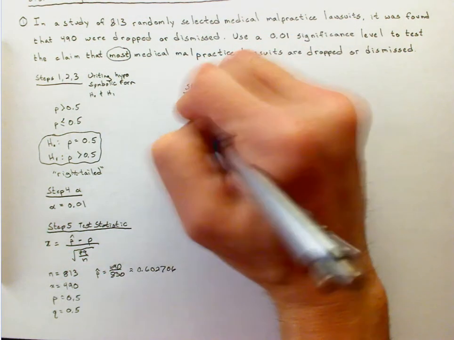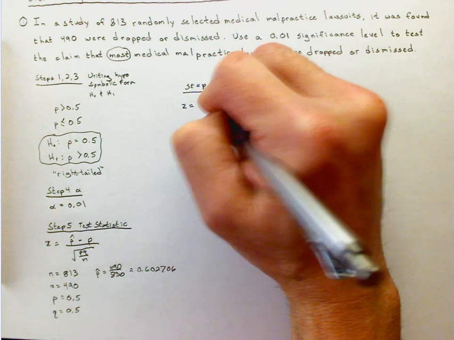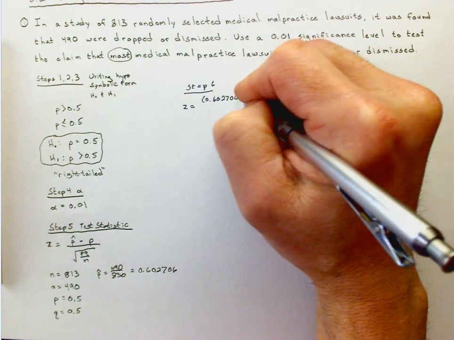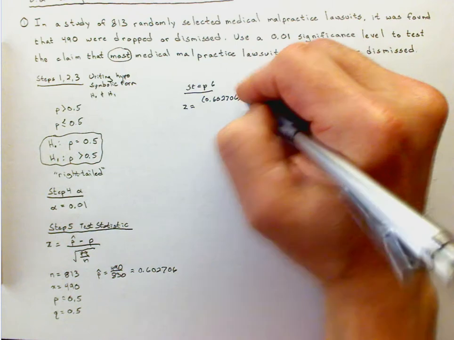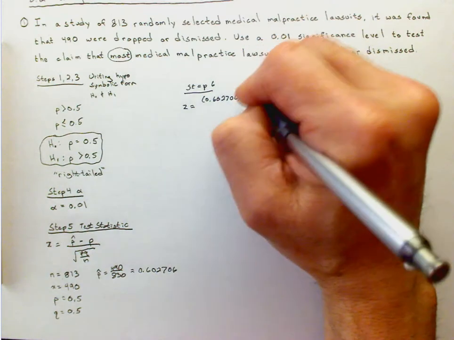So z equals 0.602706, and I always take it out a few. It's like two people made these questions, and some of them use the full value of your p hat in order to get the right answer, and others round it off. There's no rhyme or reason to it.